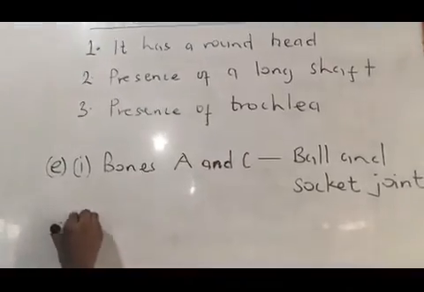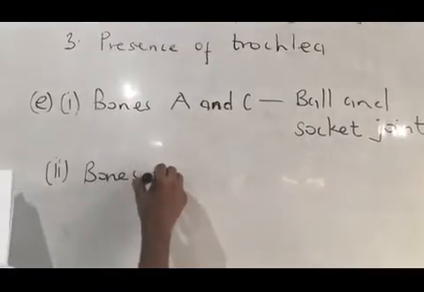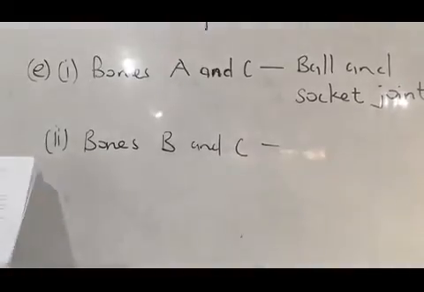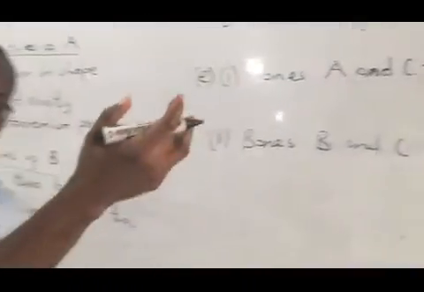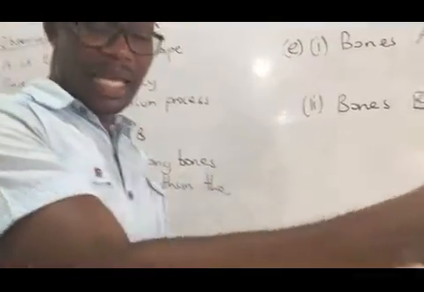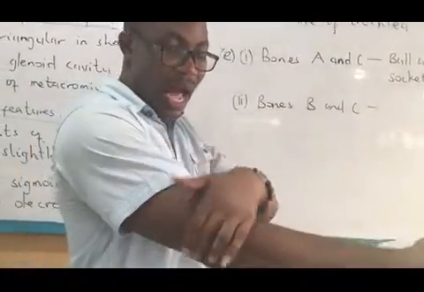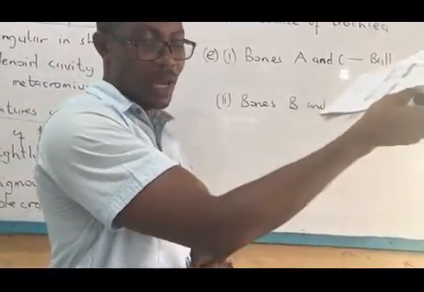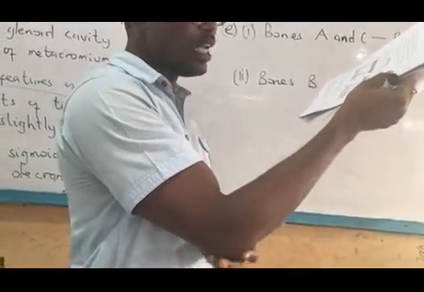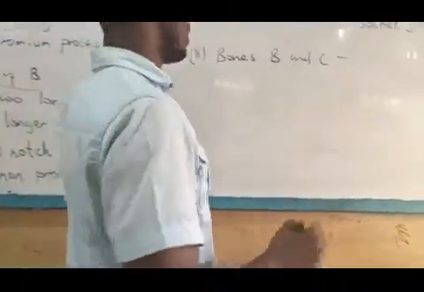Then you also have the joint formed between bones B and C. Bone B is the lower arm, and bone C is found in the upper arm. So where the upper arm bone and the lower arm bone join, that is the elbow. So you are looking at the type of joint at the elbow. We call it the hinge joint.